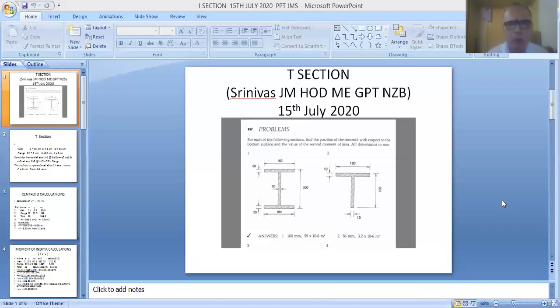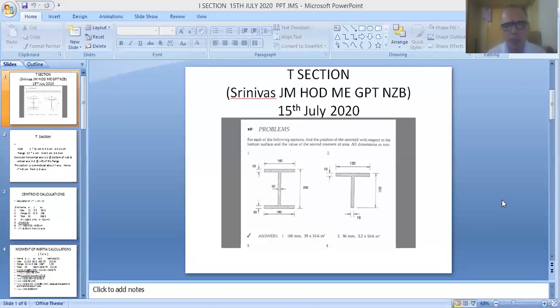Therefore, the top component is naturally referred to as the top flange of the I section, and the bottom component is obviously referred to as the bottom flange of the section.